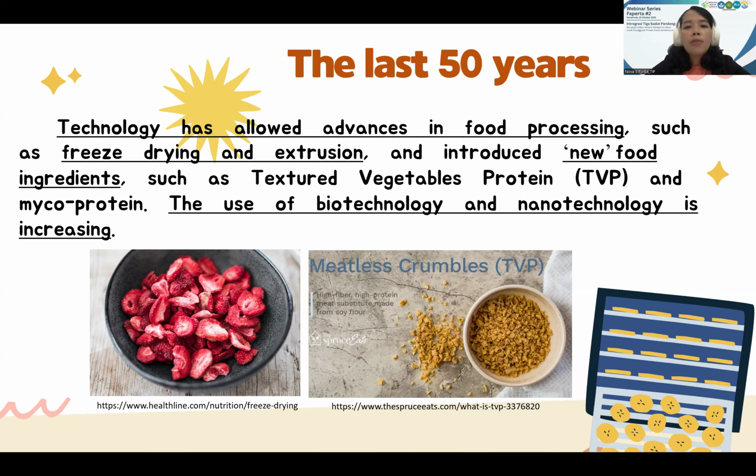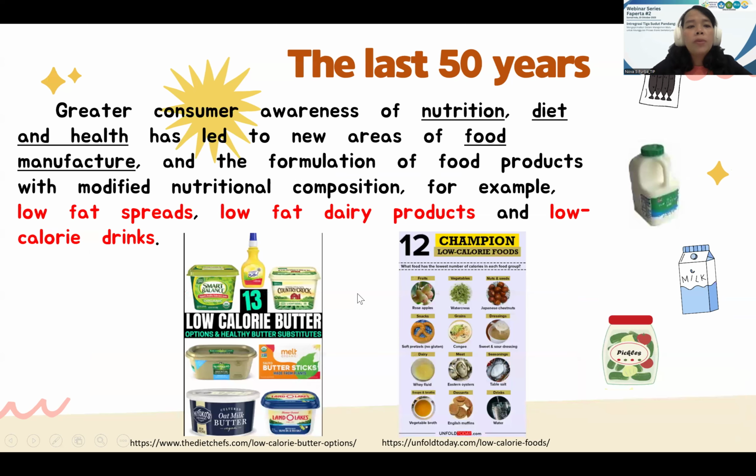So more advanced technology, more advanced processing, bring us into more choices of the food, and also use of biotechnology and nanotechnology is increasing during processing the food and handling the food.